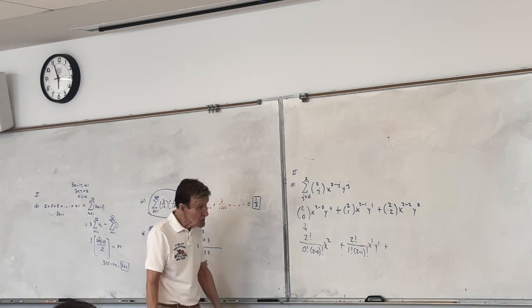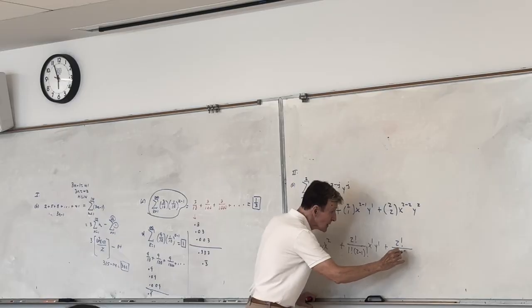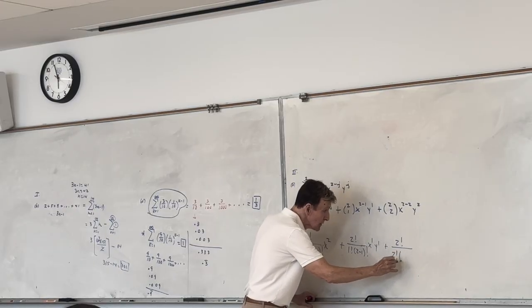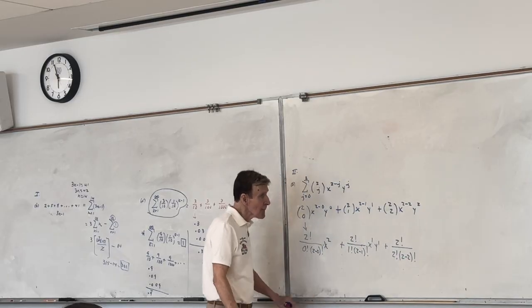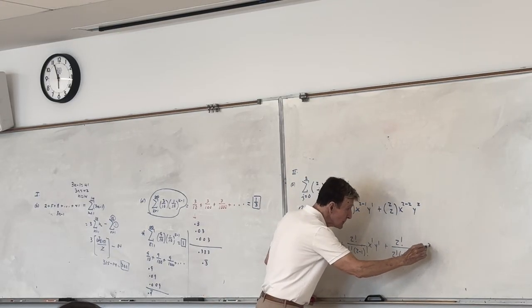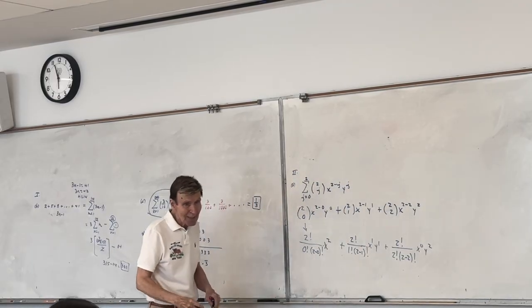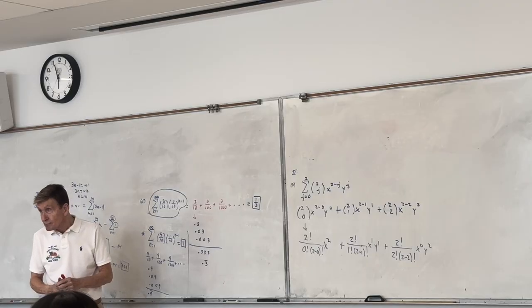Next one, 2 choose 2 from before the break: 2 factorial over 2 factorial times 2 minus 2 factorial, as x to the 0, y squared. Looks strange.